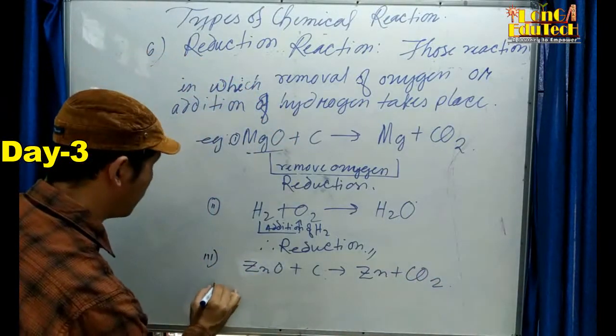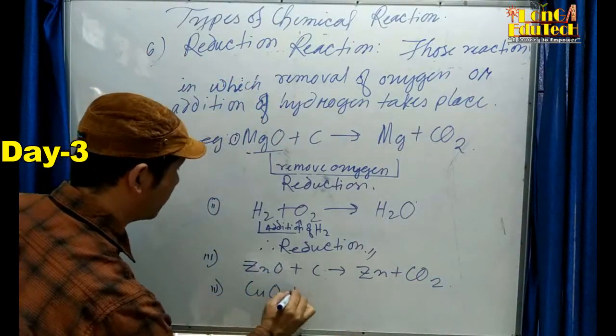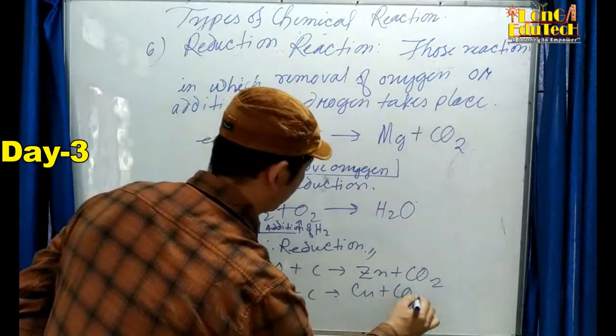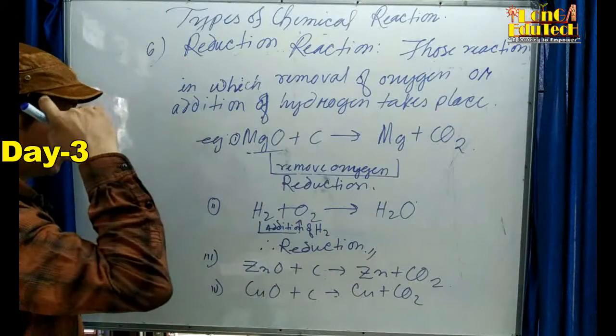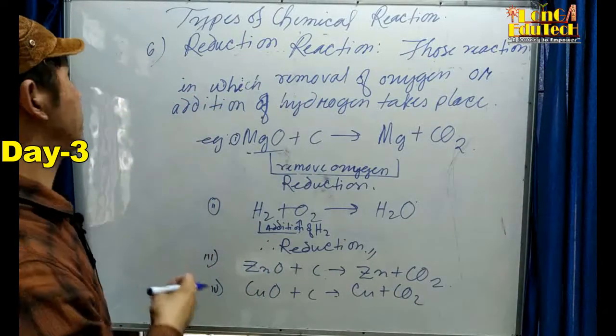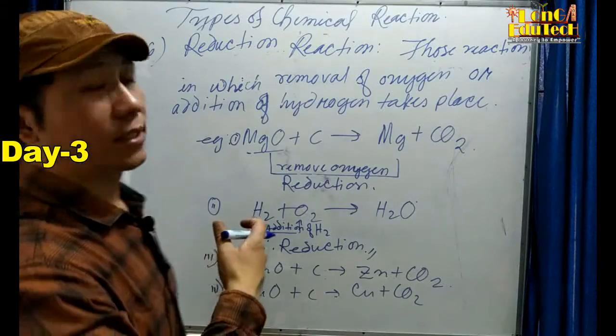Number 4, copper oxide plus carbon to form copper plus carbon dioxide, etc. Many others are also there. Such types are called reduction reactions.